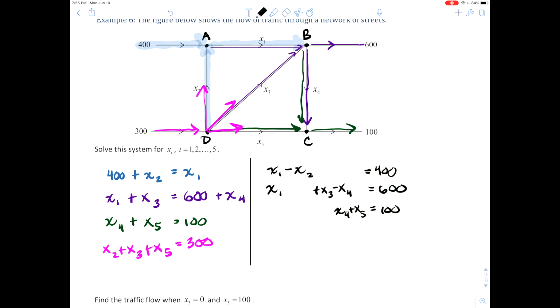And then our last one will be X2 plus X3 plus X5 is equal to 300. Cool?